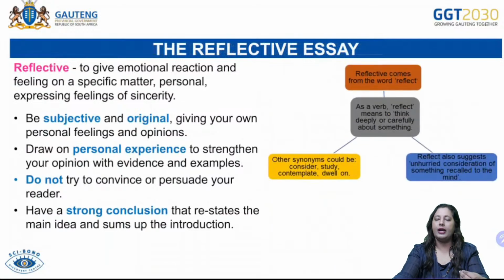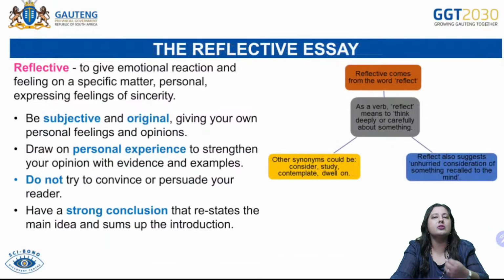All right. So when we're talking about the word reflective, it comes from the root word reflect, which means to think deeply about something. All right. Considering something, that's your synonym, for example. Studying something deeply, contemplating about a particular issue, dwelling on an issue.